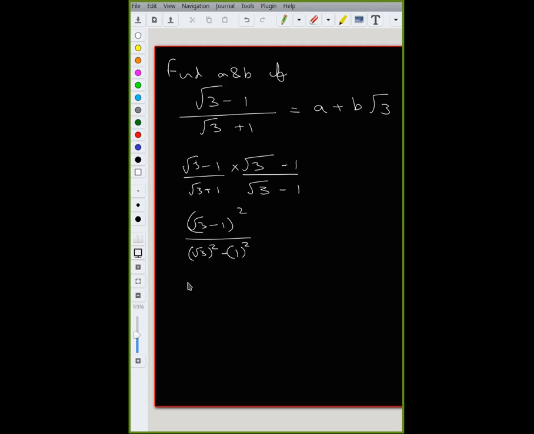The denominator is fine. First the numerator. Let's do the numerator. What's a minus b the whole thing square? Root 3 square is 3, minus 2 root 3 into 1, plus 1.